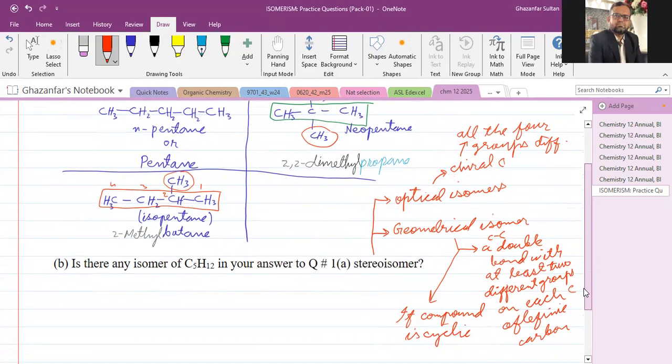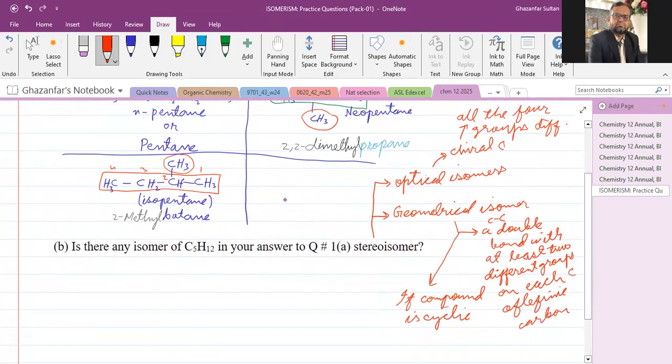Now see, I'm drawing it again. We can draw it like this. This is C2H5, this is hydrogen, this is CH3, and this is also CH3. So it does not have a chiral center.